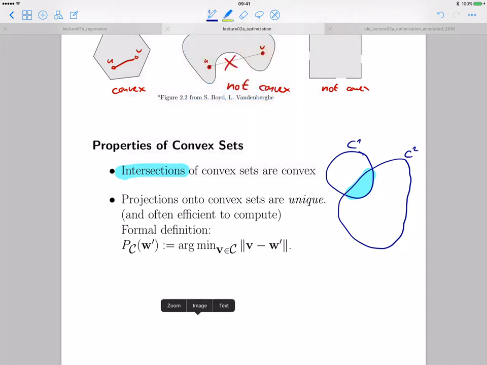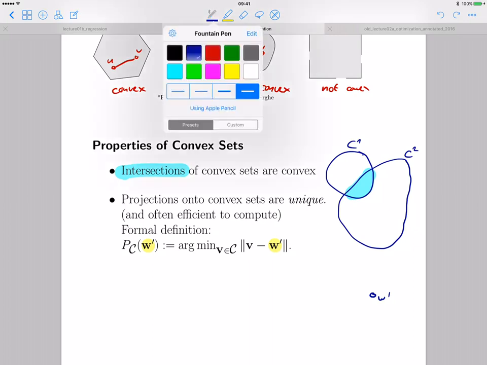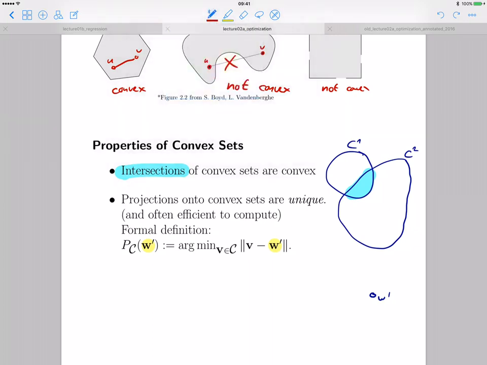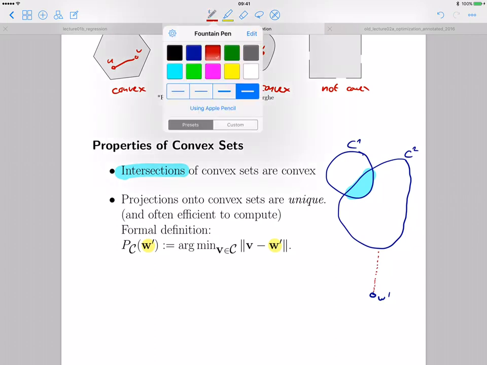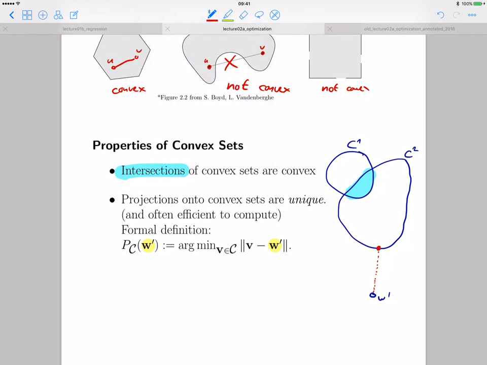So that we have here, you are somewhere, here is a point, w prime, and you ask, let's say in this set here, what's my closest point? And that's what we call a projection. So that's the point which we have here.